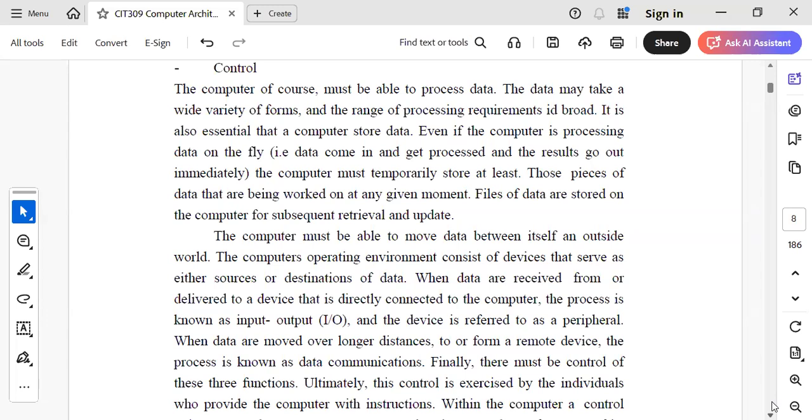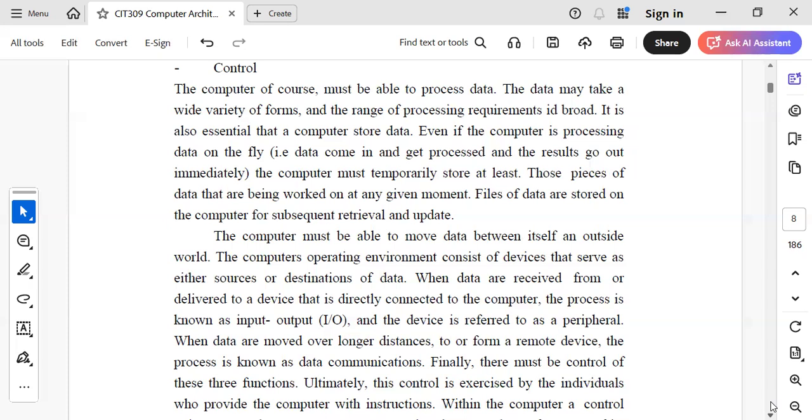Should I explain or should I continue? You can explain a bit, please. We need explanation. Okay, this paragraph is trying to say that a computer, of course, must be able to process data. Data processing is the systematic collection of data, conversion and manipulation of data.